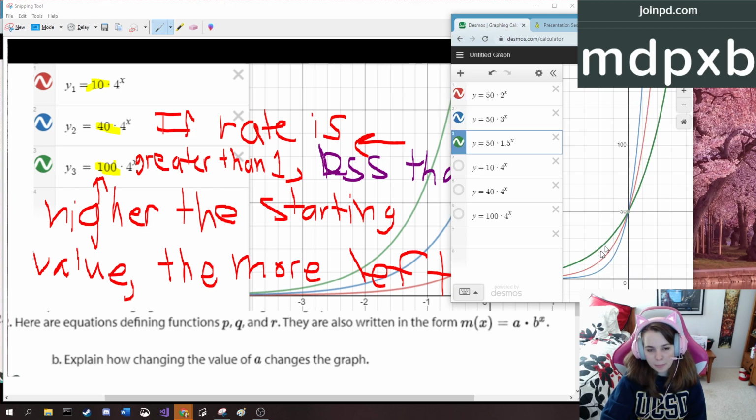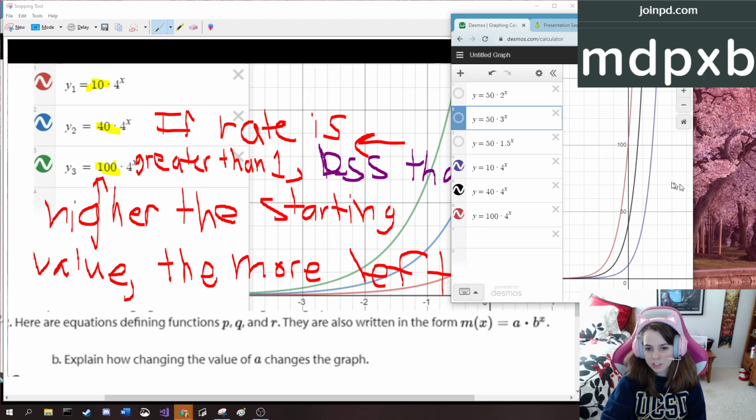So the shape of our graph is going to change if we change our rate of change. The position of our graph is going to change if our rates are all the same, but we're changing our starting value. So the starting value affects the position of the graph, and the rate of change affects the shape.